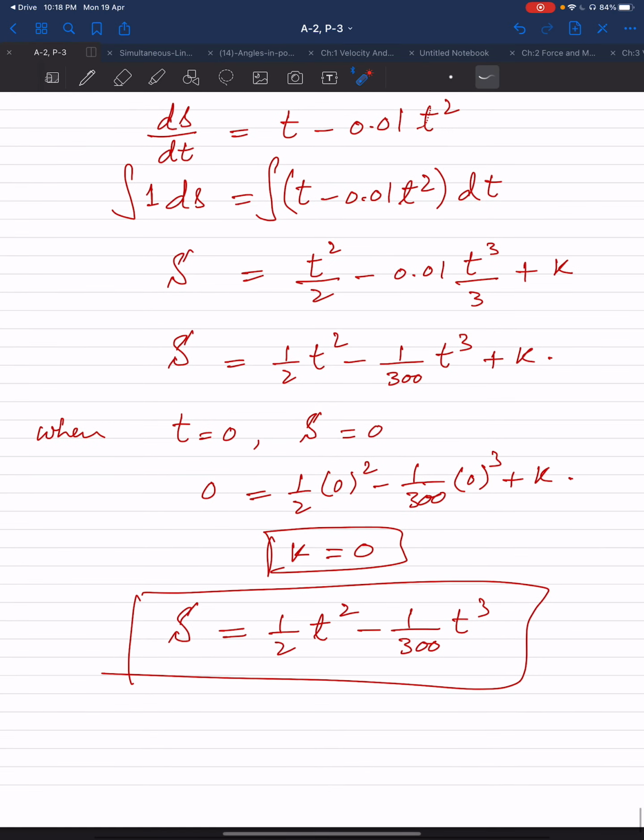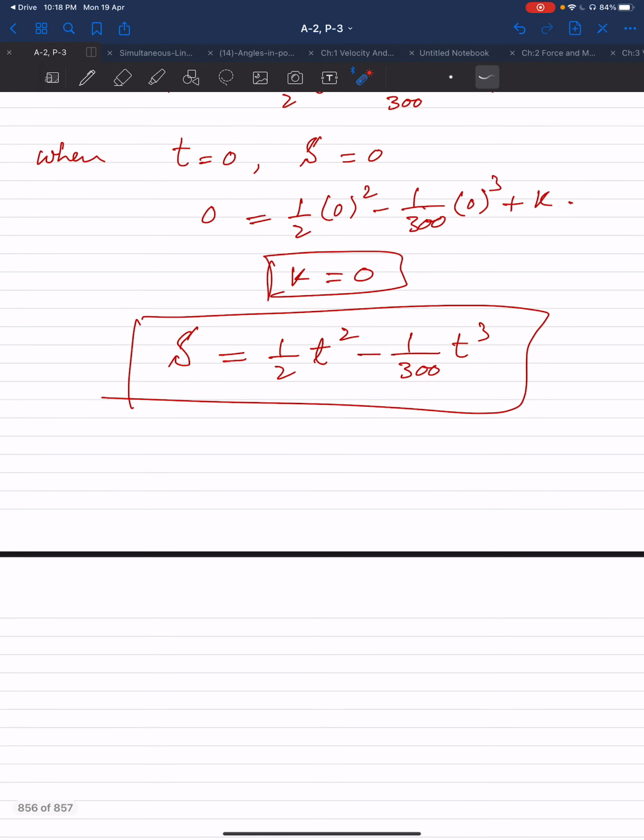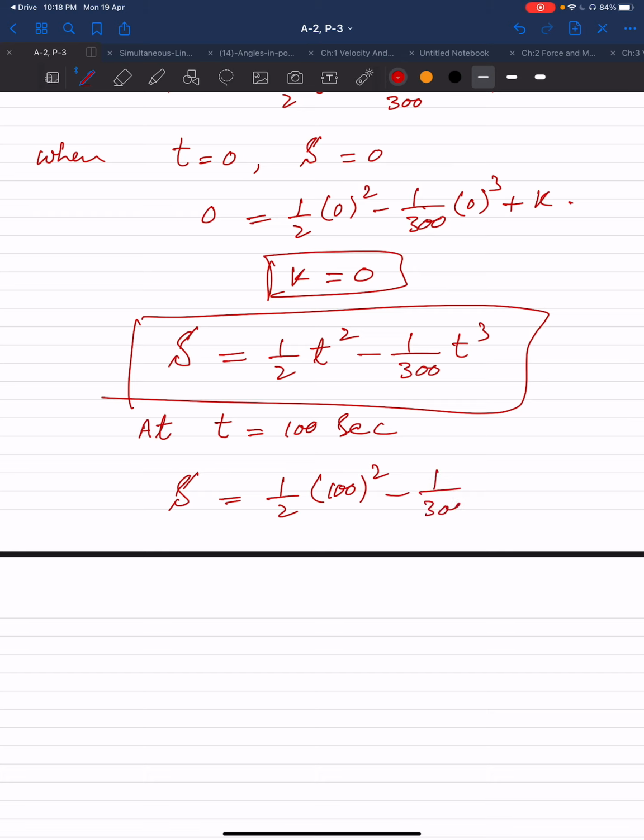As this function is on displacement and time, at t is equal to 100 seconds, substituting t as 100, displacement is equal to 1 over 2 into 100 squared minus 3, 1 over 300 into 100 cubed.